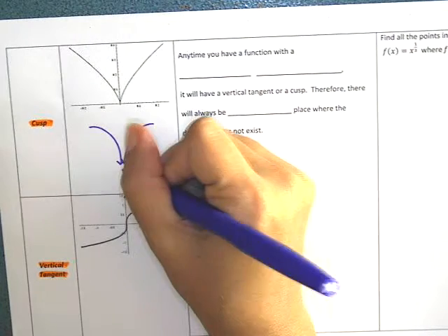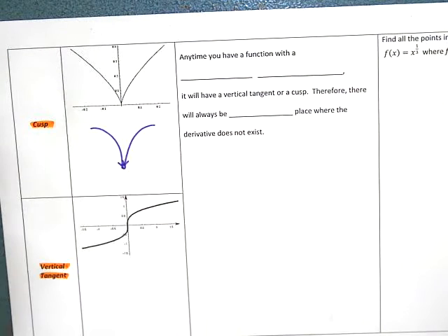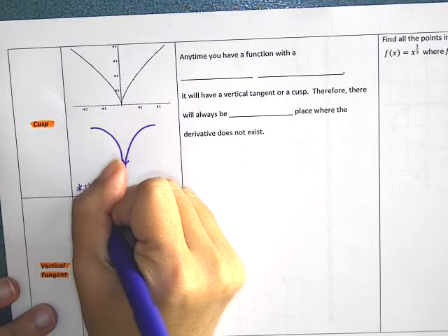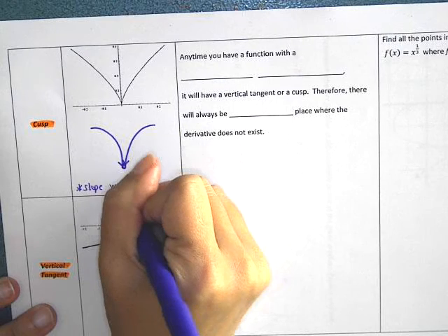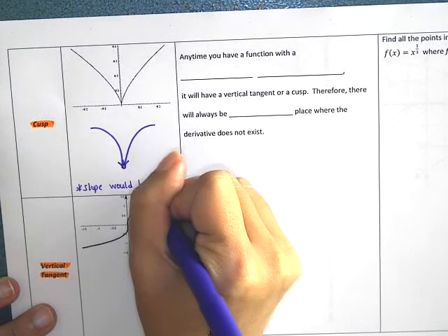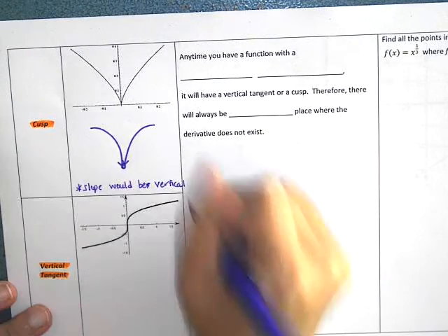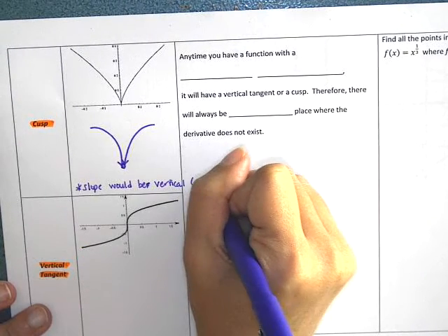Now the graph actually is connected there, but the slope is so steep that the slope would be infinity. It would be vertical. And a vertical line's slope does not exist.